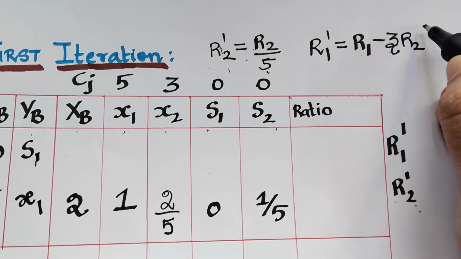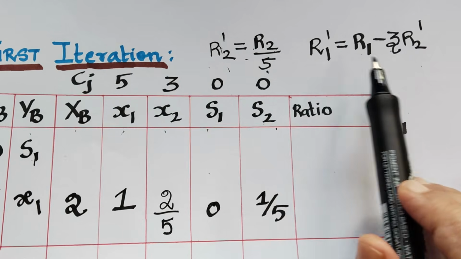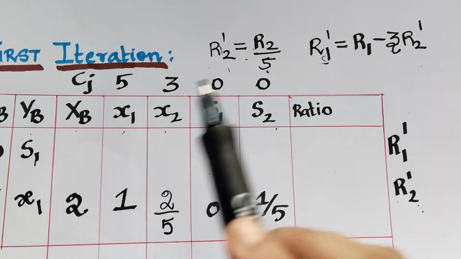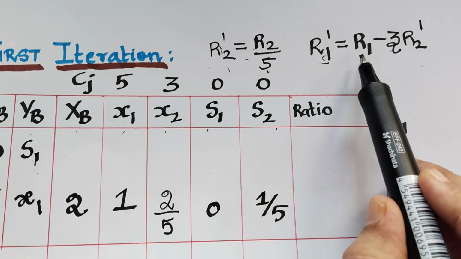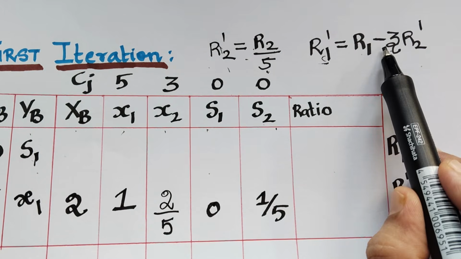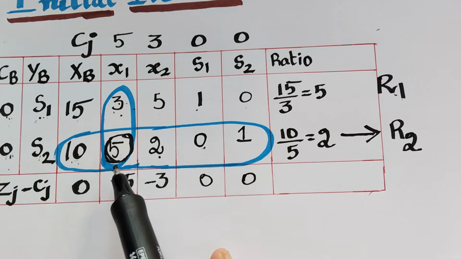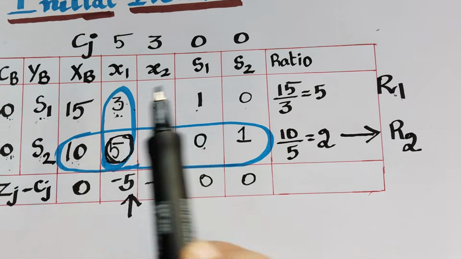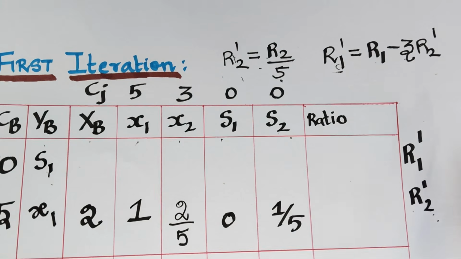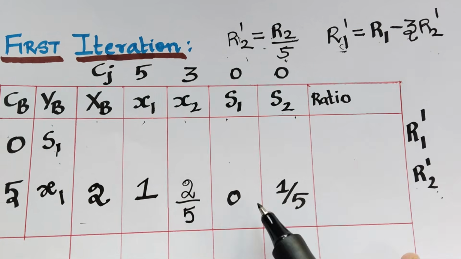You should remember this. That is, the new S1 equation is equal to the old S1 equation minus the element corresponding to S1 in the pivotal column multiplied with the new pivotal equation R2 dash.